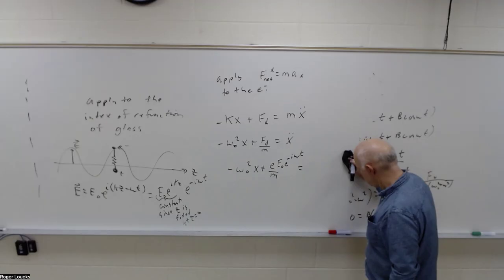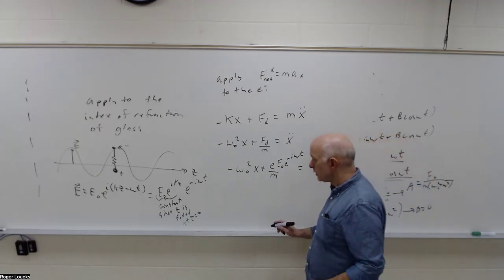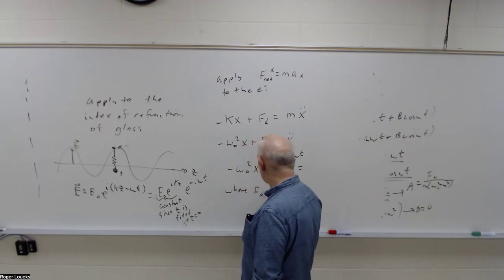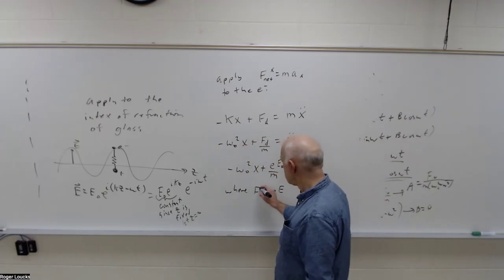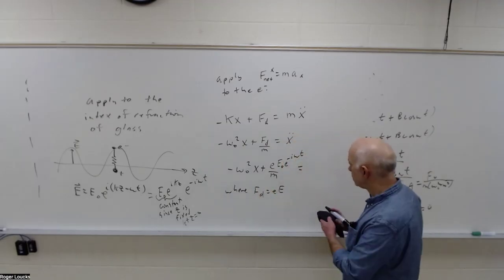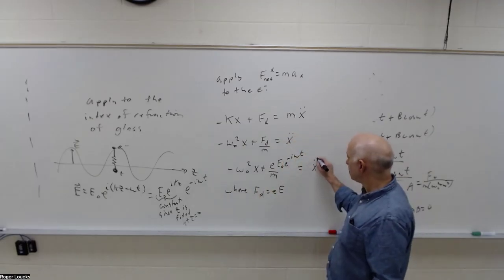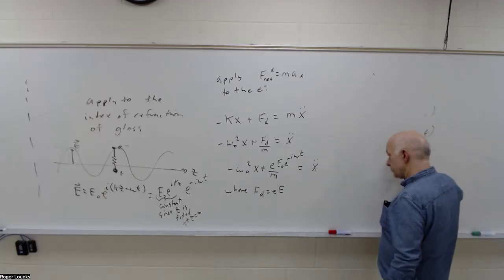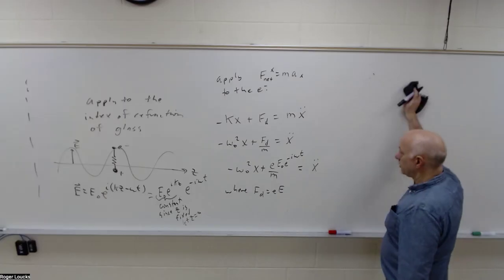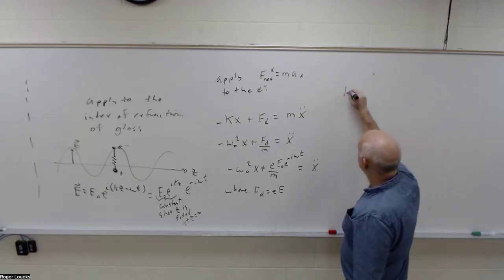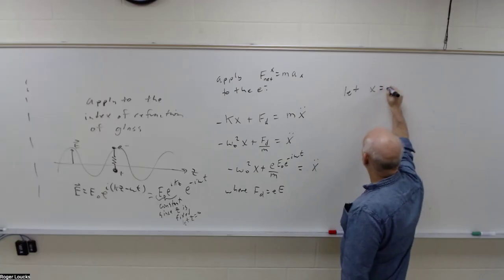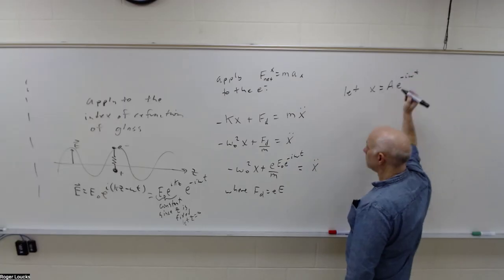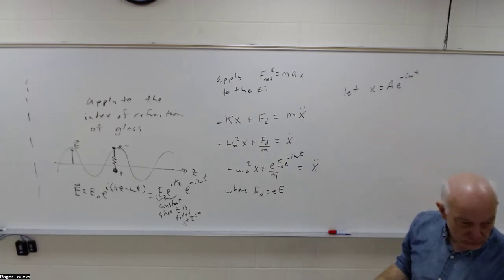Where the F_D is just q times E. What's going to happen? You're going to get the exact same value we had before. Let x equal some amplitude e to the minus i omega t. Make sense?